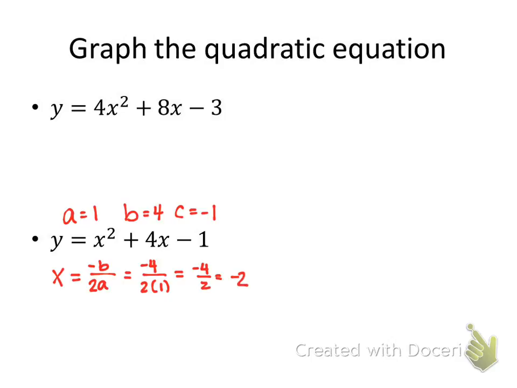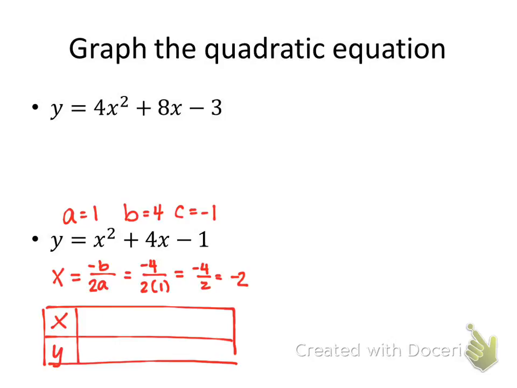So we make our X and Y chart now. We put -2 in the middle. What are two numbers smaller than -2? -3, -4, then -1 and 0. So we get out our calculator. We're going to do all those steps again.